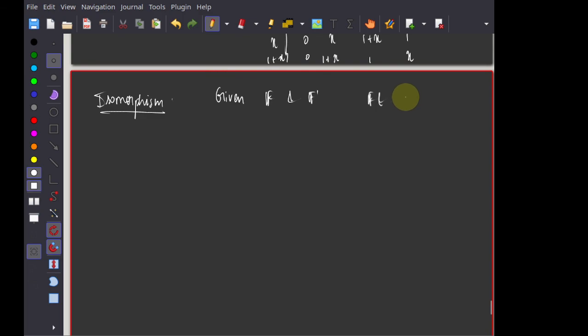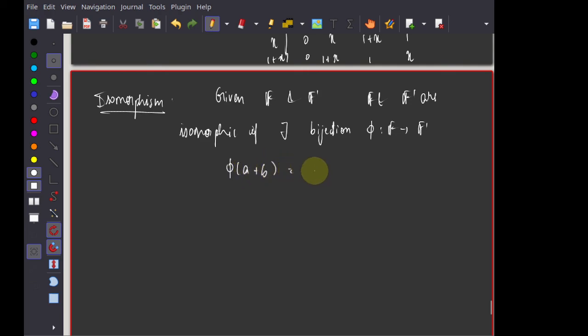We say that F and F prime are isomorphic if you can find some bijection, let's call it phi, from F to F prime, such that phi of a plus b is equal to phi of a plus phi of b for all a, b in F, and phi of a b is equal to phi of a times phi of b for all a, b in F. So just a bijection is not sufficient. It has to satisfy these two properties.